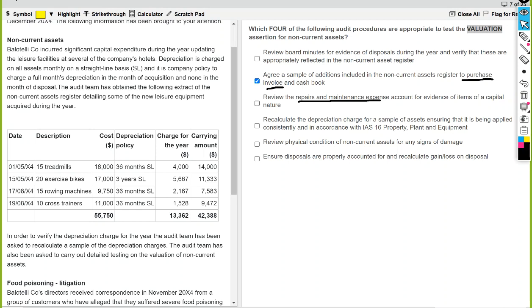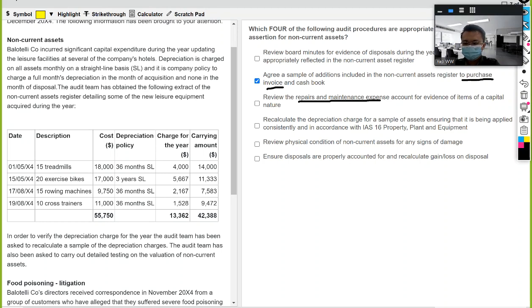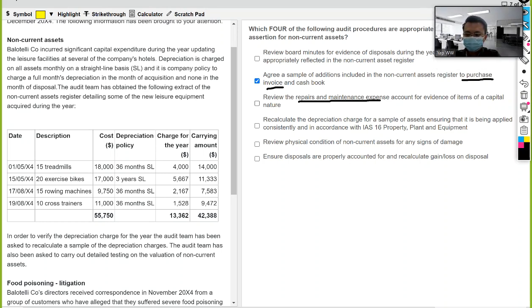So I look at the expenses, I find some assets, and then I ask the management to record them. So this is the procedure for completeness. If you look at asset cost and check for expenses, then you are doing existence, the other way around. So this is not my answer.